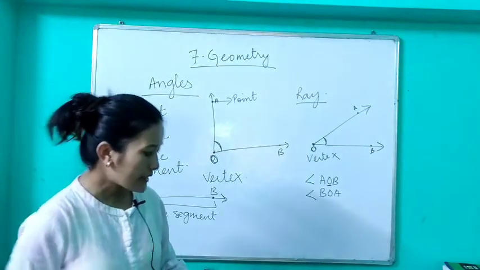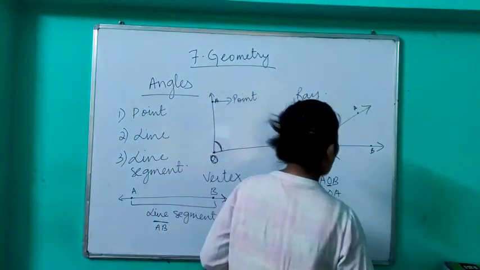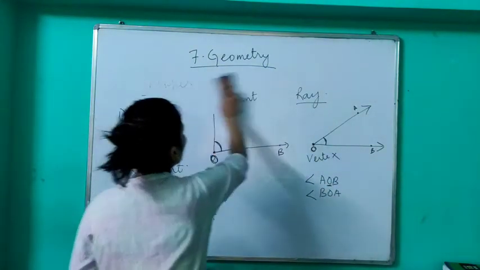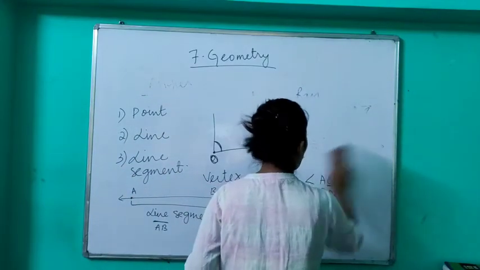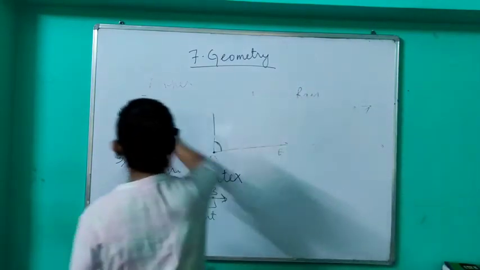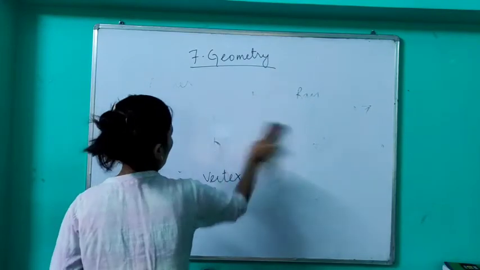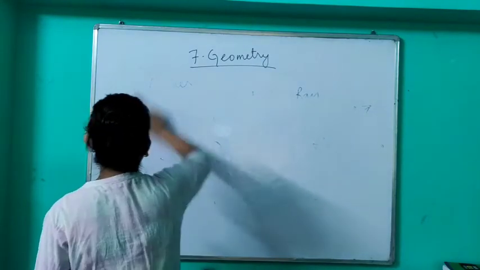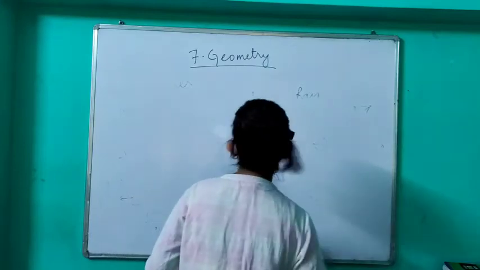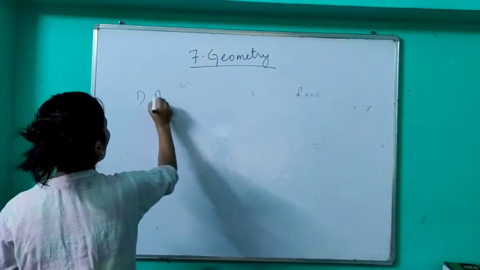Okay. Now next we will be going through the different types of angle. What are the different types of angle? So the first one is your acute angle.